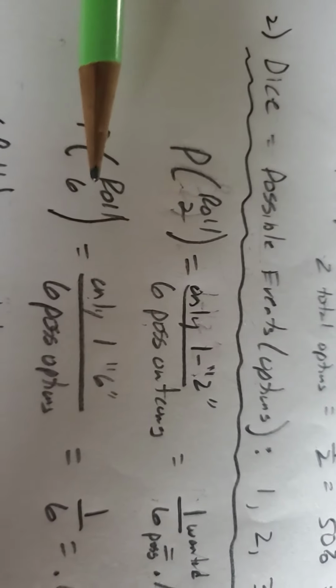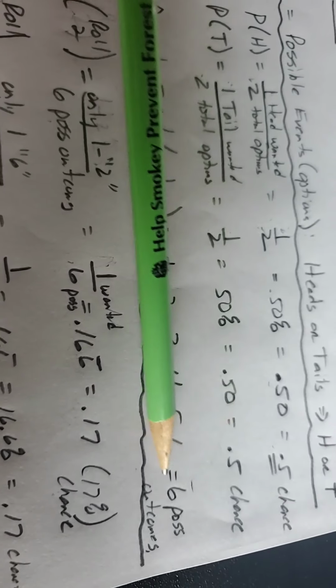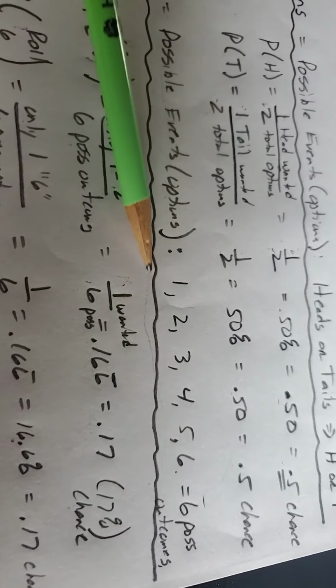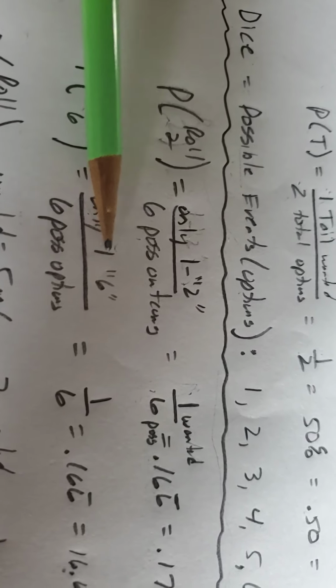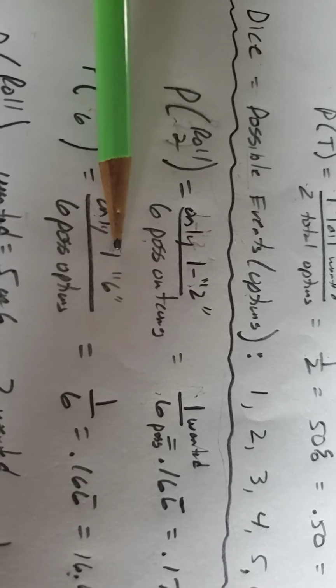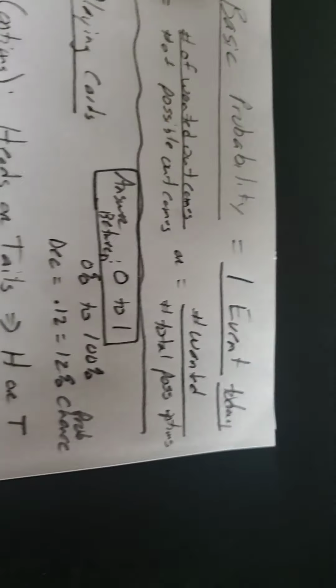What's the probability of rolling a 6? Well, again, there's only one 6 that I would be happy with. There's one wanted outcome, and that's a 6. But there are 6 possible outcomes. Remember, number of wanted outcomes divided by number possible.